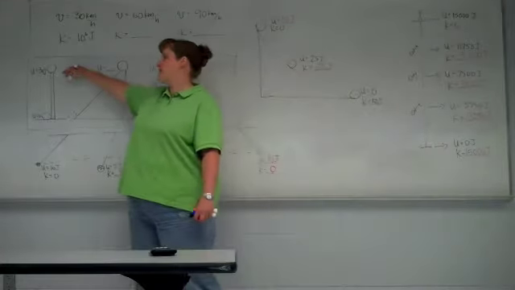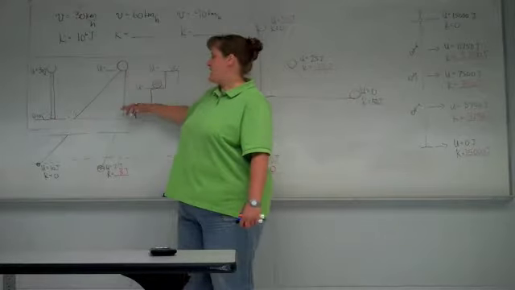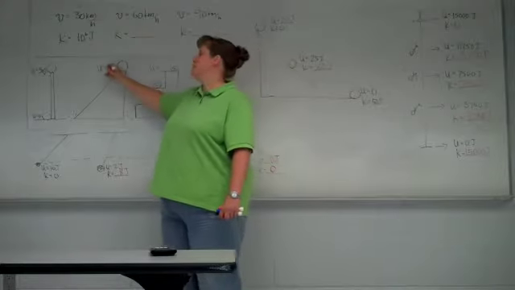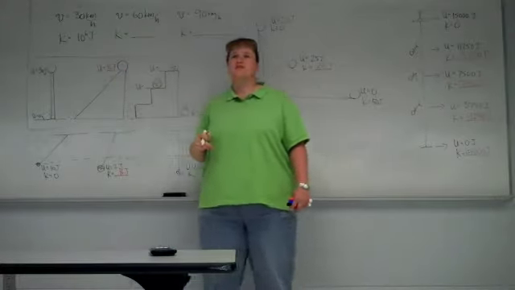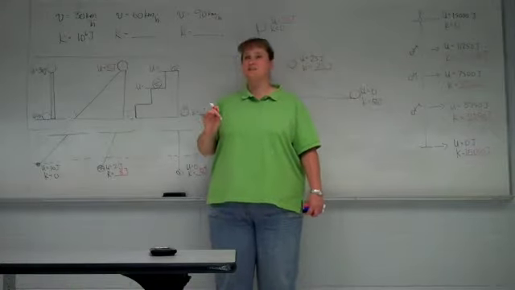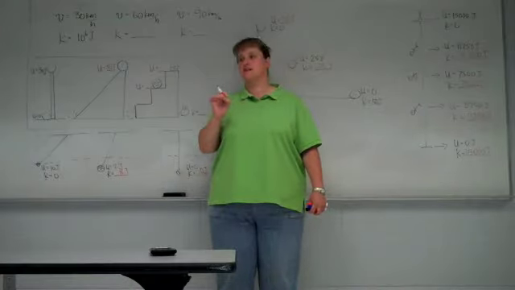So we have a ball on top of a platform, equal size incline, same height, so it has to have the same amount of potential energy. Potential energy is dependent only on height. It doesn't matter how it gets from one height to the other. It depends only on height.